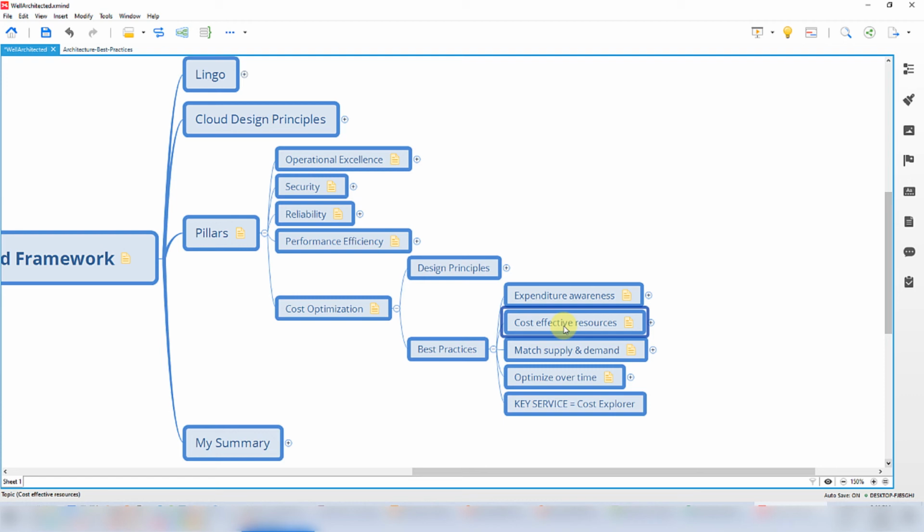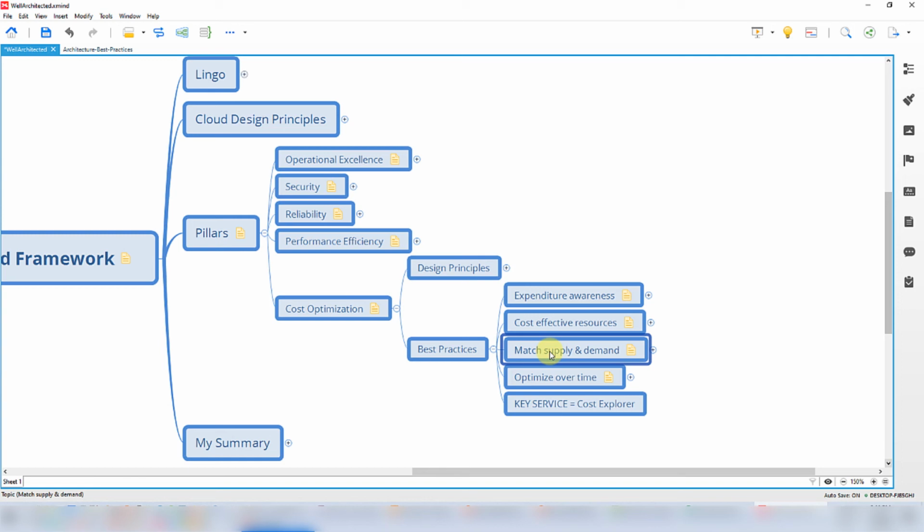Use the most optimal pricing options for the requirements. Leverage reserved purchasing and spot instance purchasing. Use appropriate services to reduce costs. For example, CloudFront reduces data transfer. RDS Aurora cuts database licensing costs. Match the supply with demand.